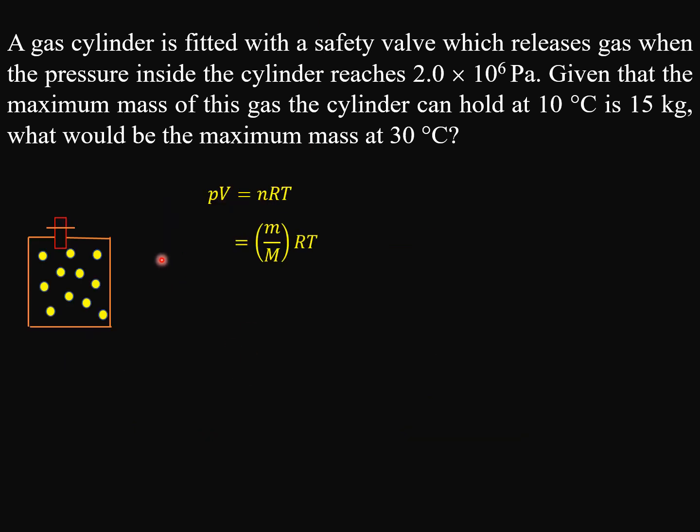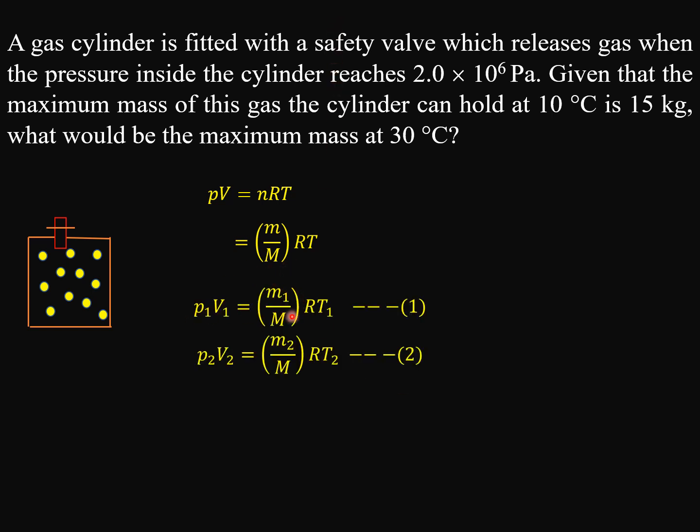Now we can start to find the maximum mass of the gas in the cylinder at 30 degrees C, when the pressure is at the maximum value of 2.0 times 10 to the power of 6 Pascal. We first write down the ideal gas equation, PV equal to nRT, so we assume the gas is an ideal gas. Since we want to find the maximum mass, it is better to change n into m over M, where the small m is the mass of the gas and the capital M is the molar mass of the gas.